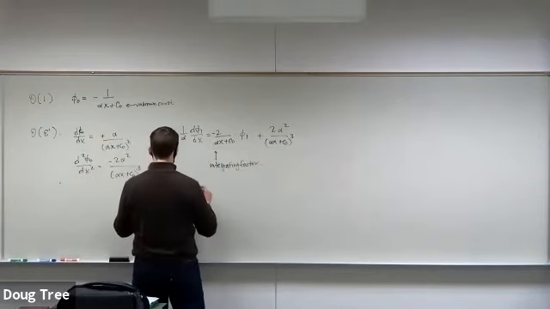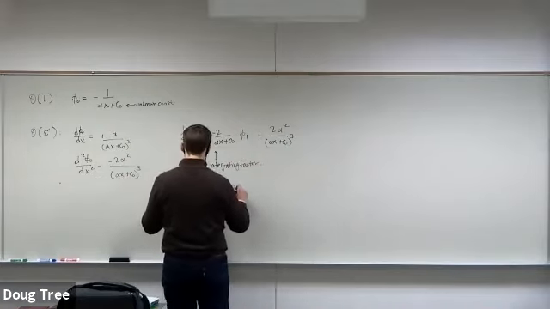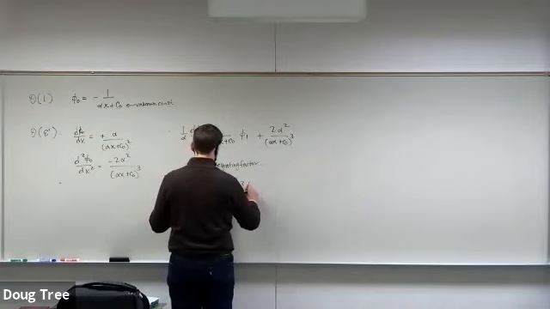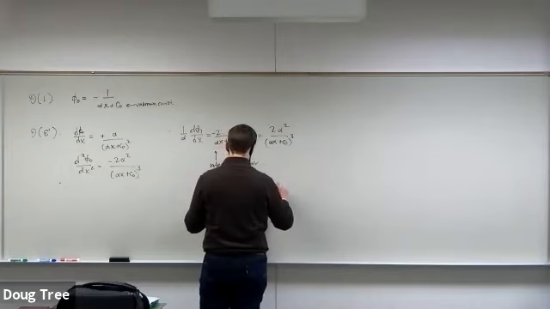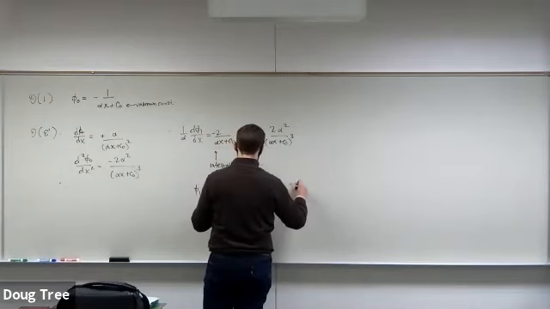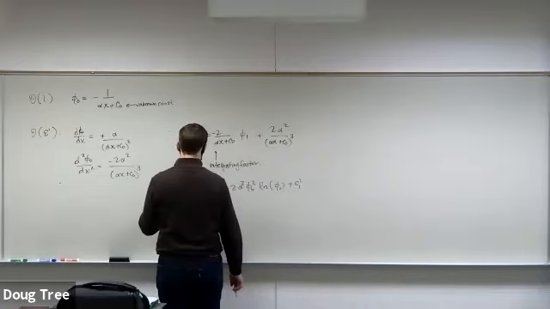I get the following. Phi 1 of x is equal to -2 alpha squared, phi naught squared, natural log phi naught plus a new constant, which I'm going to call C1, 1.